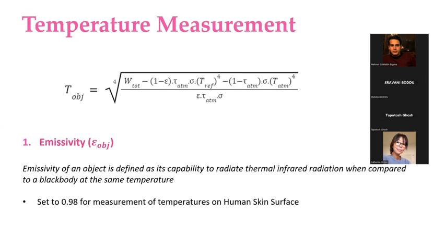Most thermal cameras come with a default emissivity of 0.9 or 0.95. Since we are talking about medical thermography, we have to set this value to 0.98, which corresponds to the human skin surface. And depending on racial features also, this value can vary from 0.95 to 0.98. There are interesting papers on what emissivity value we can set for different humans.